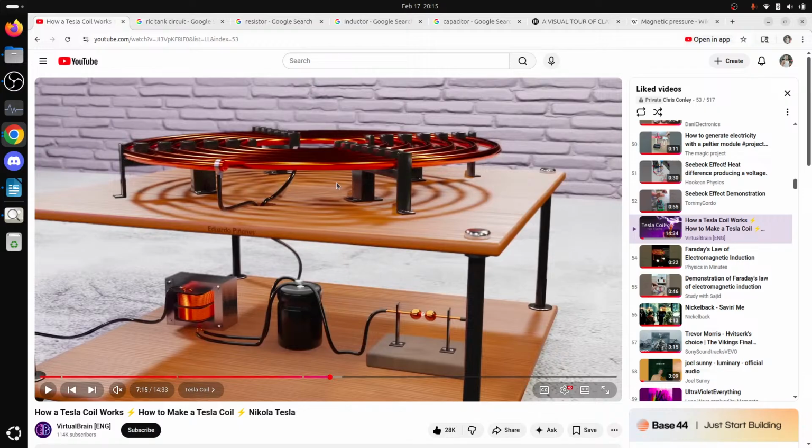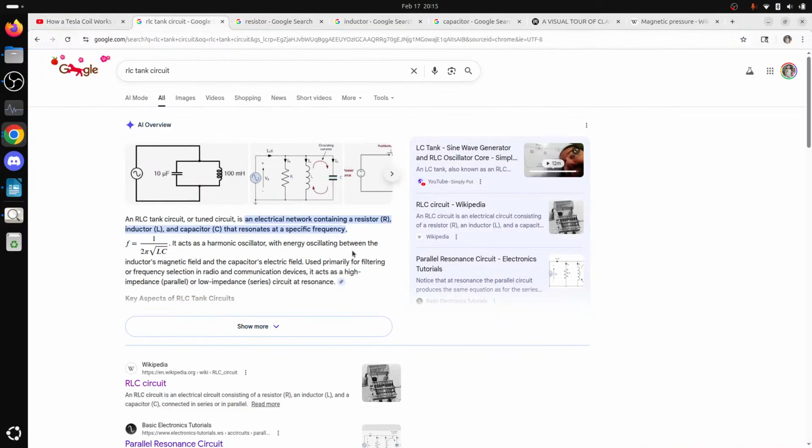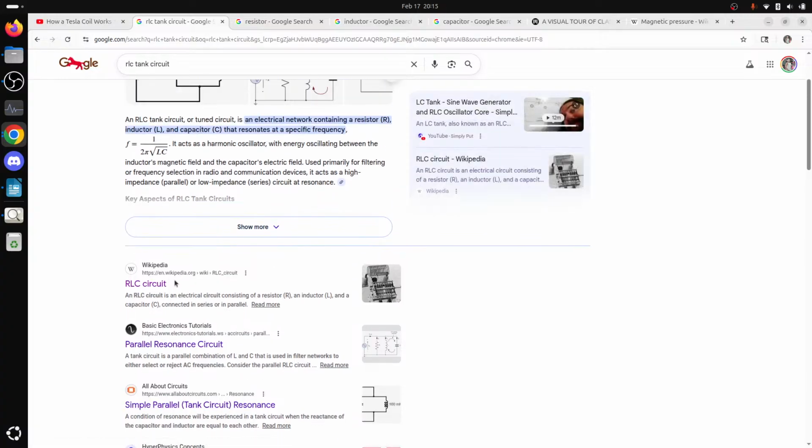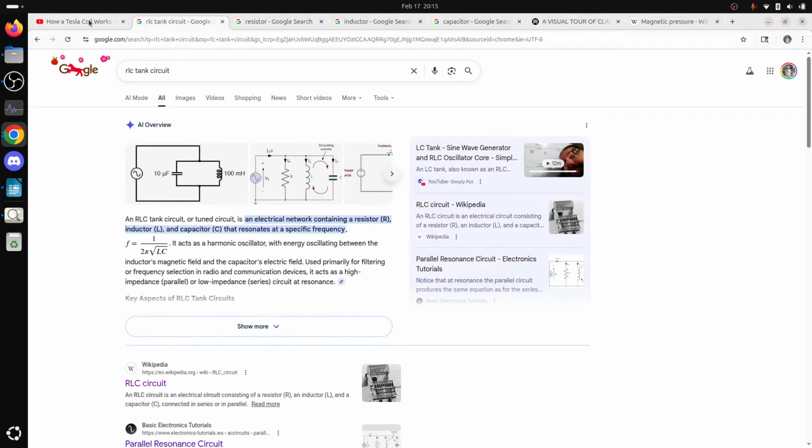So the capacitor, the resistor, and the inductor. An RLC circuit. It's an electrical circuit consisting of a resistor, an inductor, and a capacitor. Okay, that's pretty simple. The basics on this Tesla coil.